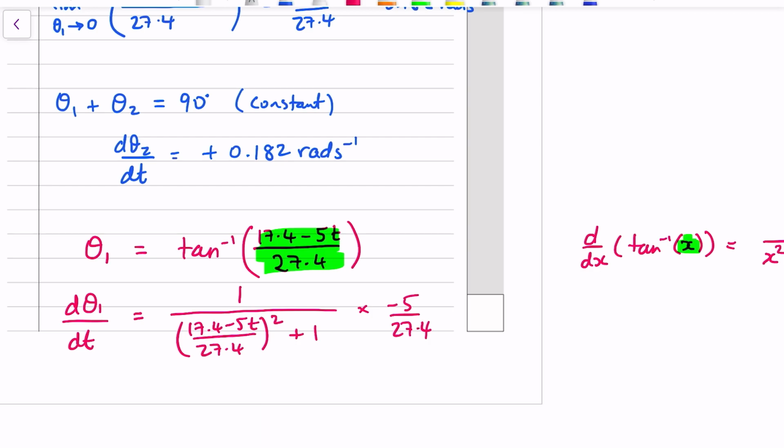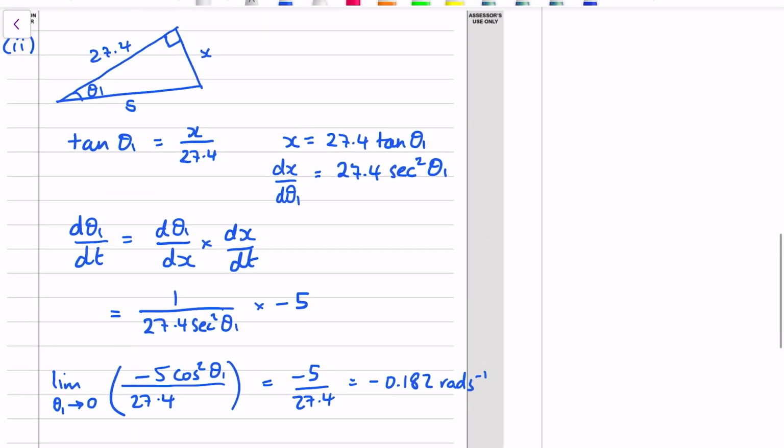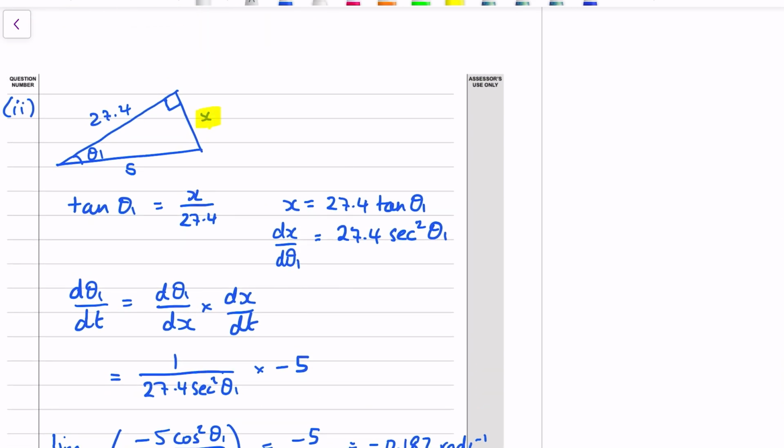Now, what happens when t is equal to, not 0 in this case, but we're wanting to consider what happens when that x side, when this side here becomes 0, and I'm calling this 17.4 minus 5t. So it's going to equal 0 when t is equal to 3.48.